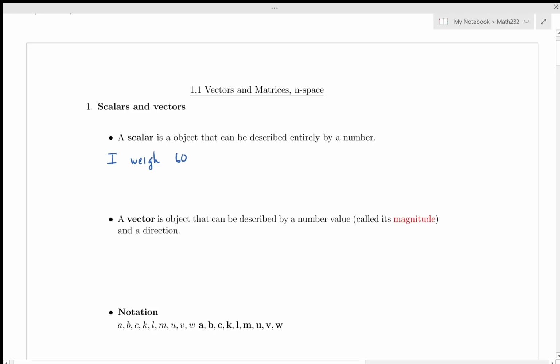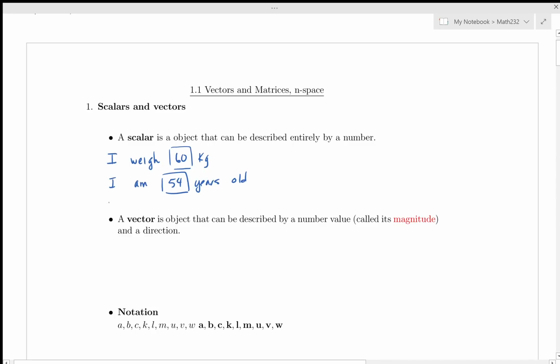That's my weight, and there is a number associated with that, 60 kilograms, and it is simply a number, and it tells you everything that you need. Like this: I am 54 years old. Another number, and we don't need to know anything else.